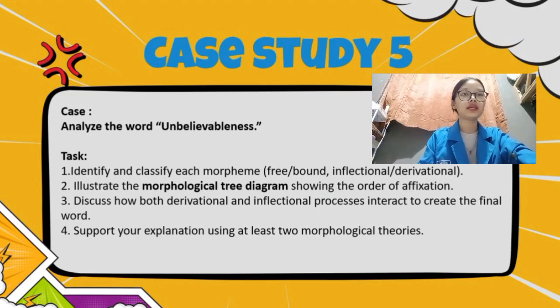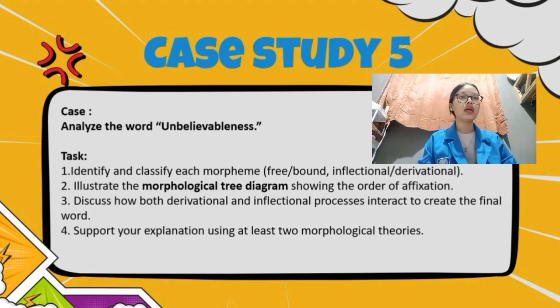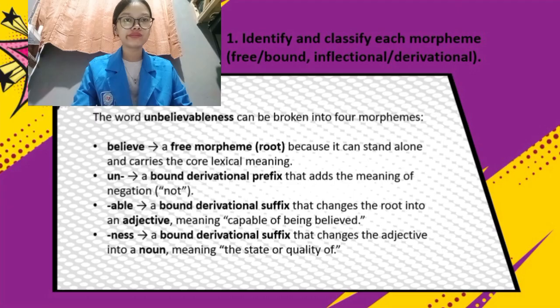The second is illustrate the morphological tree diagrams showing the order of affixation. Three, discuss how both derivational and inflectional processes interact to create the final word. Four, support your explanation using at least two morphological theories.